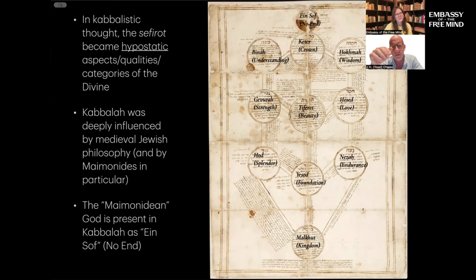And the Kabbalists internalized and embraced the Maimonidean notion of the apophatic God and gave it a name that Maimonides didn't use. That name is Ein Sof, no end. Sometimes they just call God Ein, which is the ultimate kind of Eckhartian Nothing with a capital N name for God.